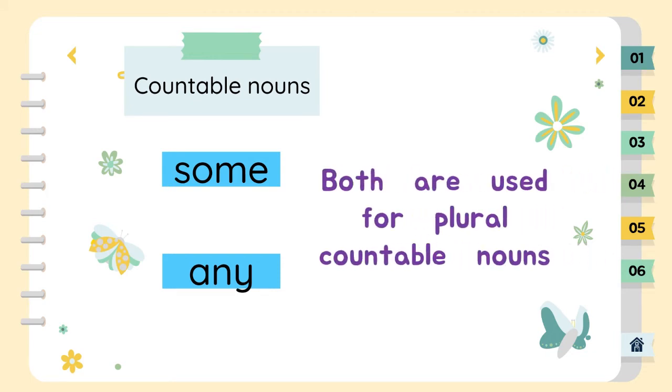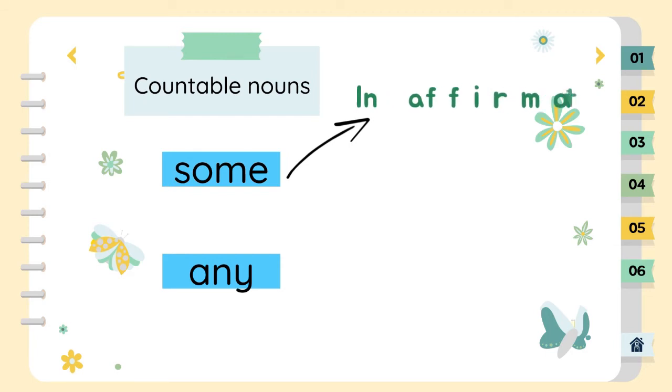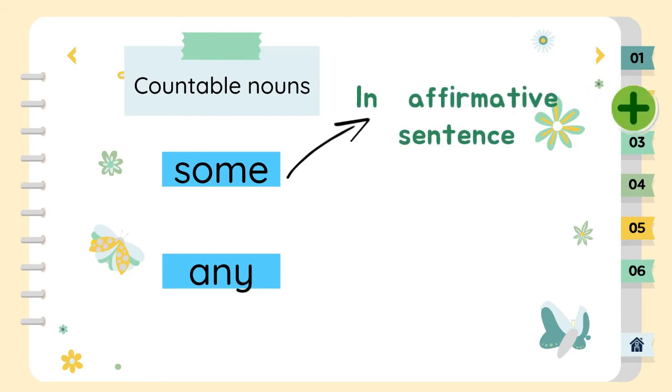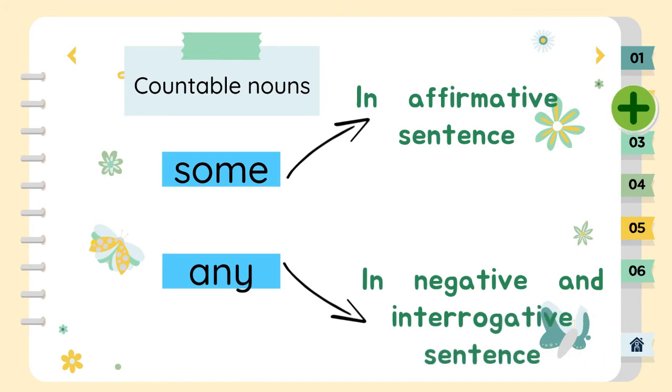Both are used for plural countable nouns. Plural means more than one, many. Okay? Some we can use in affirmative sentences, and any we can use in negative and also interrogative sentences.